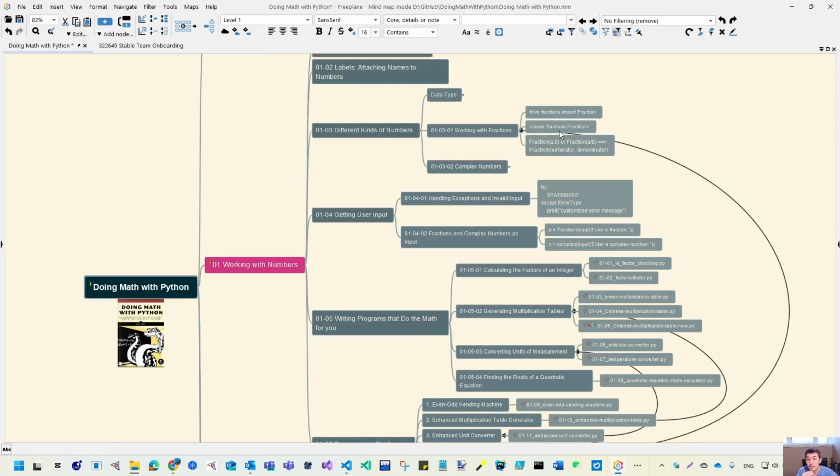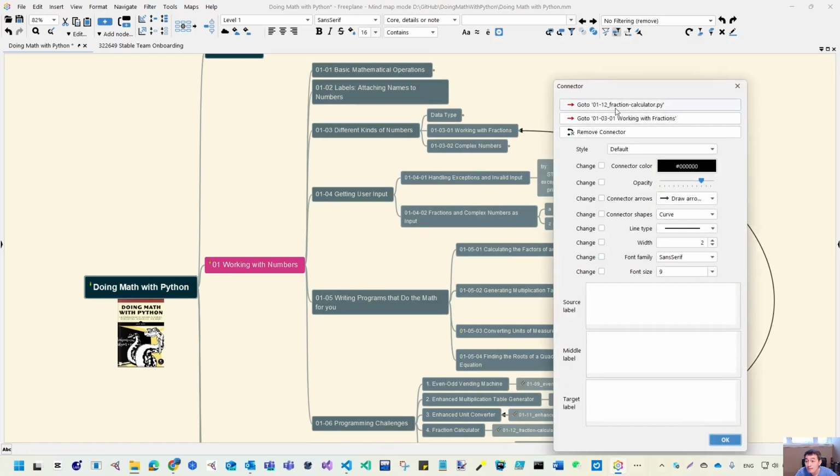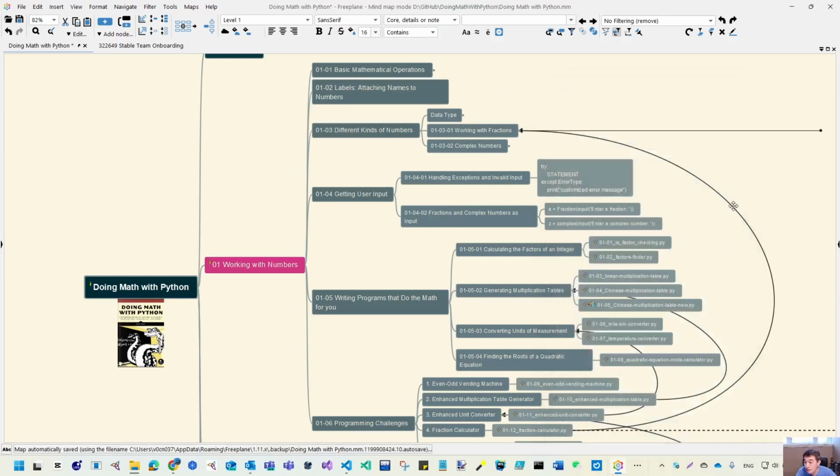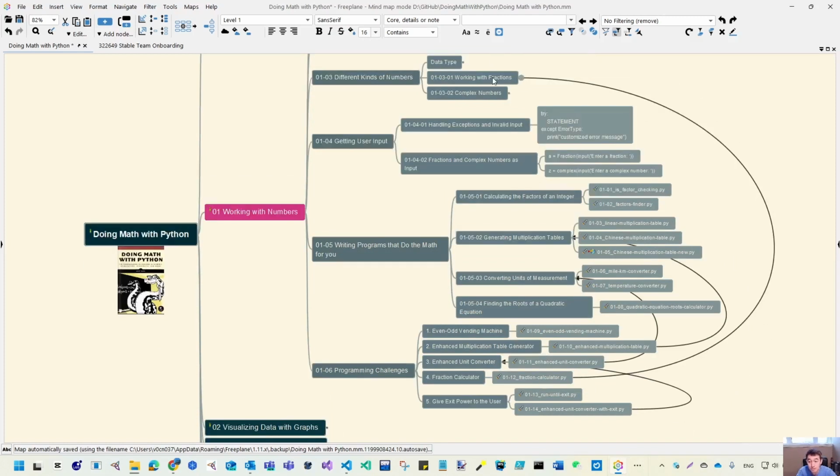We learned some tactics, and this link shows that if I right click, we learned this and practiced on 0112 to make our fraction calculator. So through this line we connect the challenge back to this knowledge point.